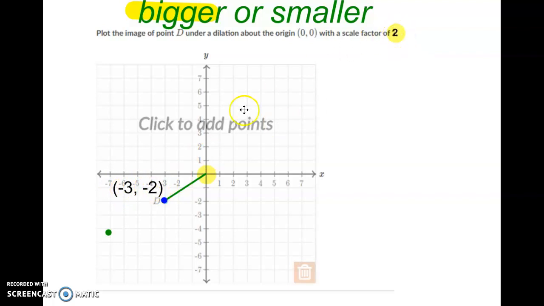So I can take this -3 times 2 and get -6, and the -2 times 2 to get -4. That's the location of the dot at (-6, -4), and that will be a distance that is twice as far. That's what a scale factor of 2 will be.